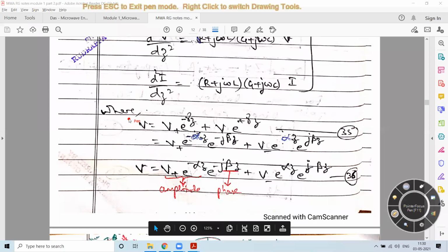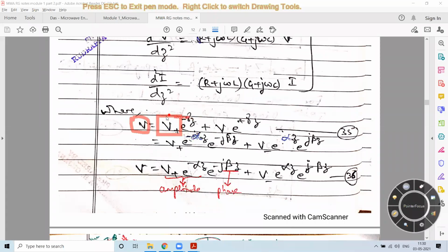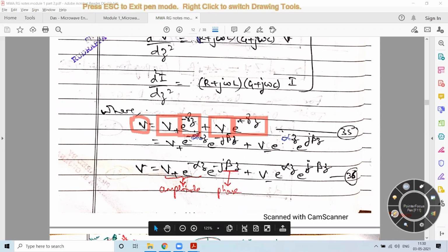So the incident voltage, the instantaneous voltage represented over here, is a combination of V plus, the incident voltage multiplied with its propagation parameter e raised to minus gamma z, and the reflected voltage V minus multiplied with e raised to plus gamma z.